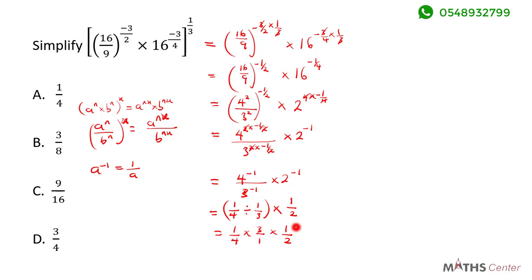So you multiply the numerators: 1 times 3 times 1, which will give us 3, divided by, you multiply the denominators, 4 times 1 times 2, which will give us 8. And so when we simplify the expression, we are going to get 3 divided by 8. When we look through the options, we can see that the correct option is B, 3 divided by 8.